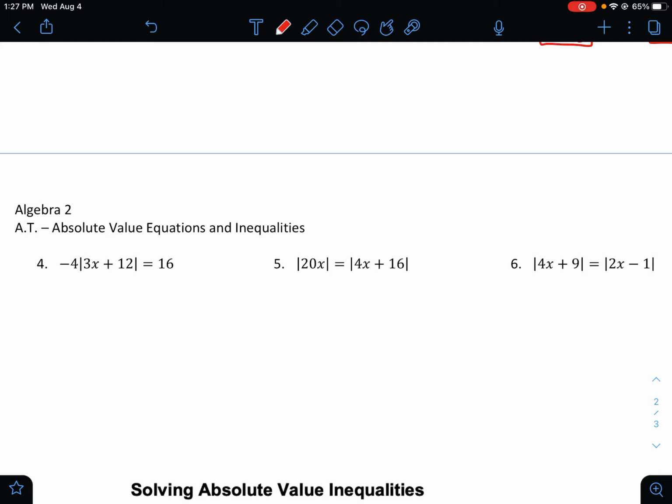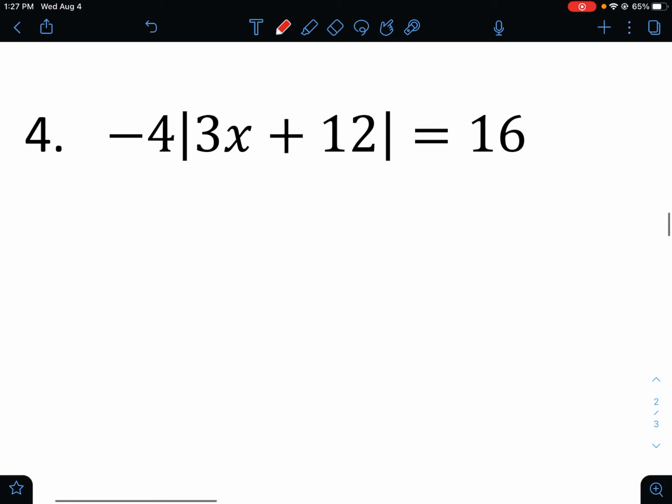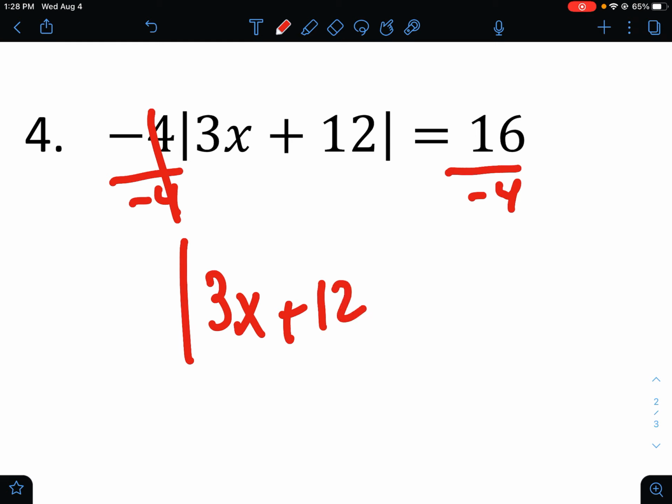So a couple things are going to happen here. I wanted to show you one problem where something weird happens. If I'm trying to isolate the absolute value, and I divide by negative 4, what happens here is I get the absolute value of 3x plus 12 equals negative 4.